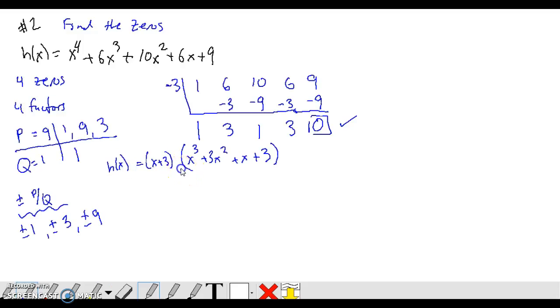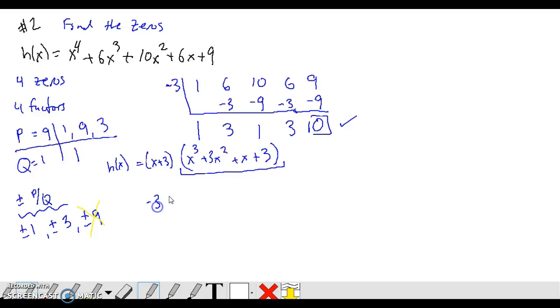So again, I want to focus on this guy. Notice that, again, I could set up my p's and q's, but the factors of 3 are only 1 and 3, so kind of can cancel off that guy. Notice that 1 and 3 are still on there.